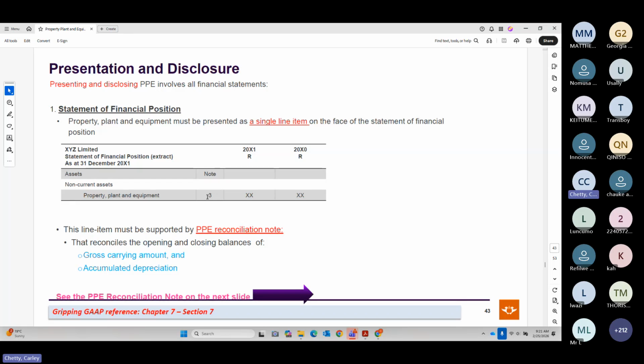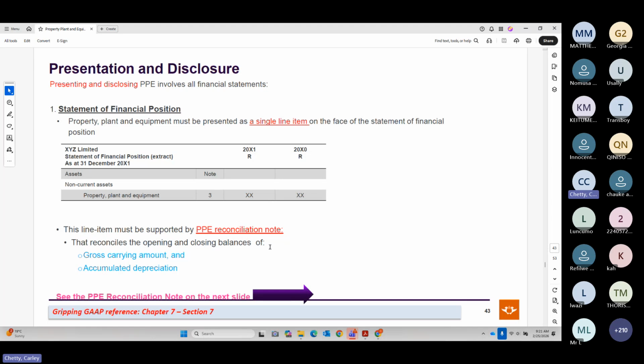So this line item here, it must be supported by the property, plant, and equipment reconciliation note. So this note reconciles the opening and closing balances of the gross carrying amount and the accumulated depreciation.